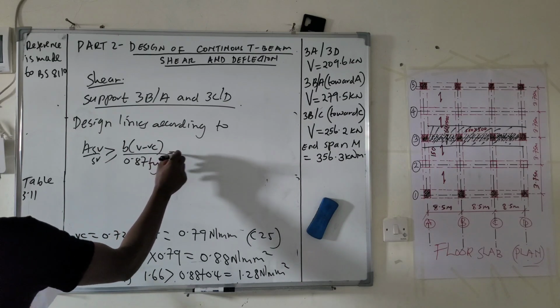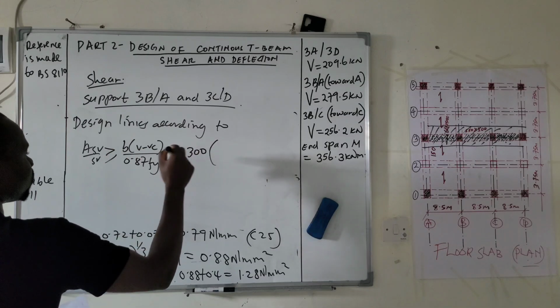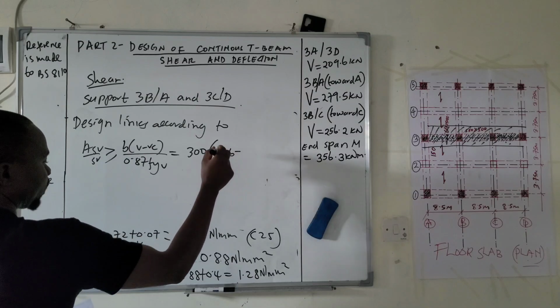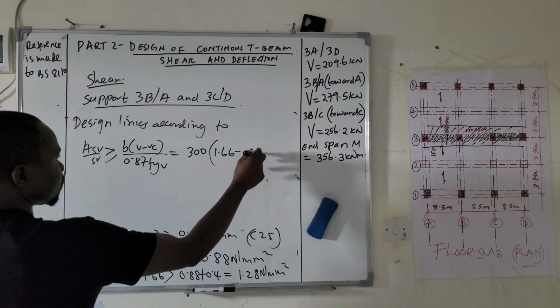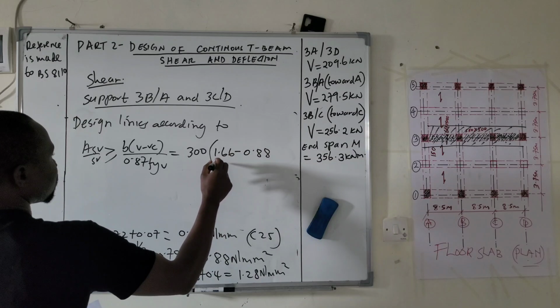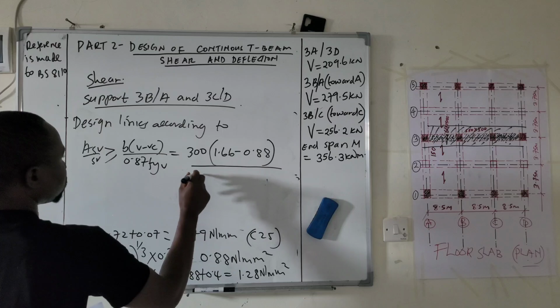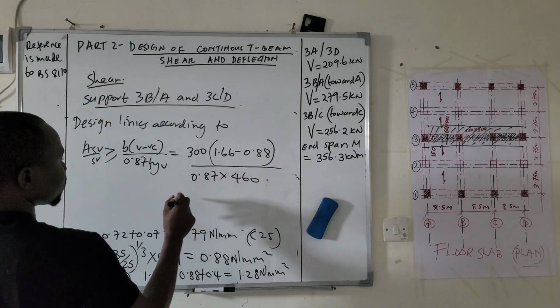So this one is equal to 300 times (v, which is 1.66, minus Vc, 0.88) over 0.87 times 460.